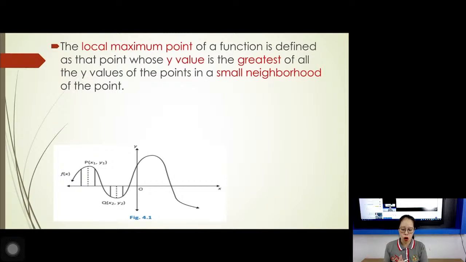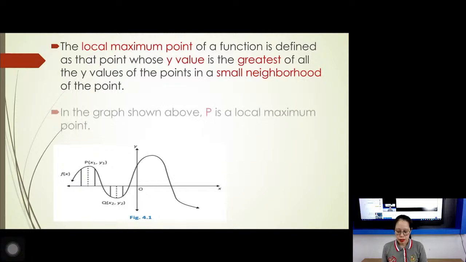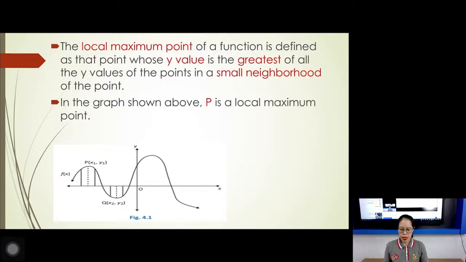It's just a small neighborhood. But when we say global, that is worldwide. Yes, worldwide. All right. So just take this concept so that you will understand the meaning of local and global. So we have here point P as our local maximum. Of course, you can see there.